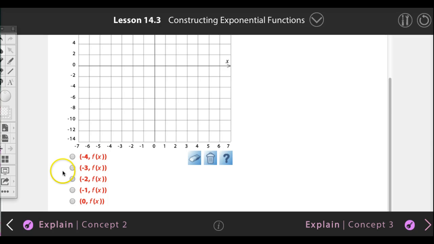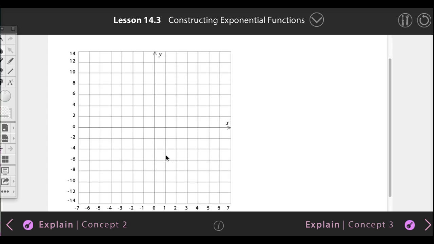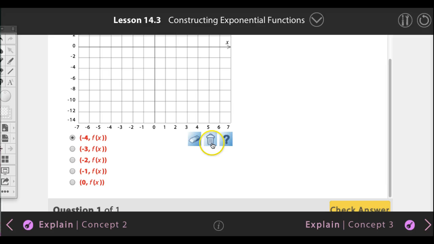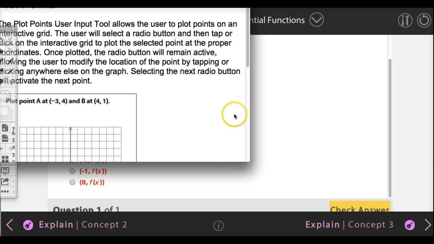So let's see. Let me see how they help you plot this. Oh, I don't get it. What are they doing? Do I have to like put something here? Okay, let me click on the, okay.